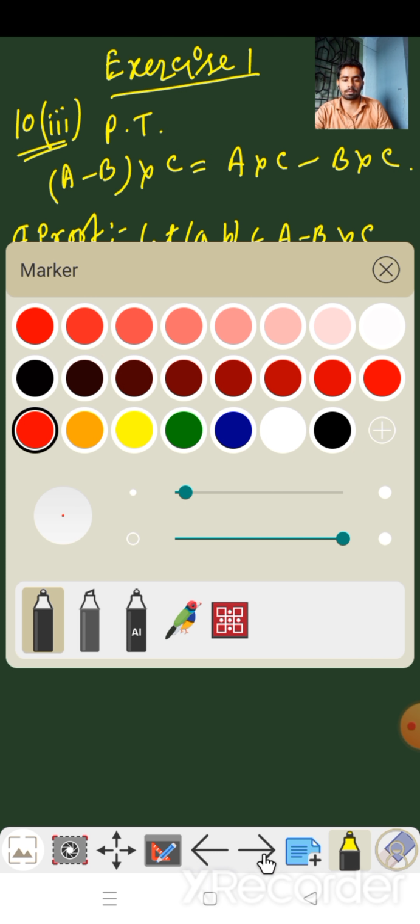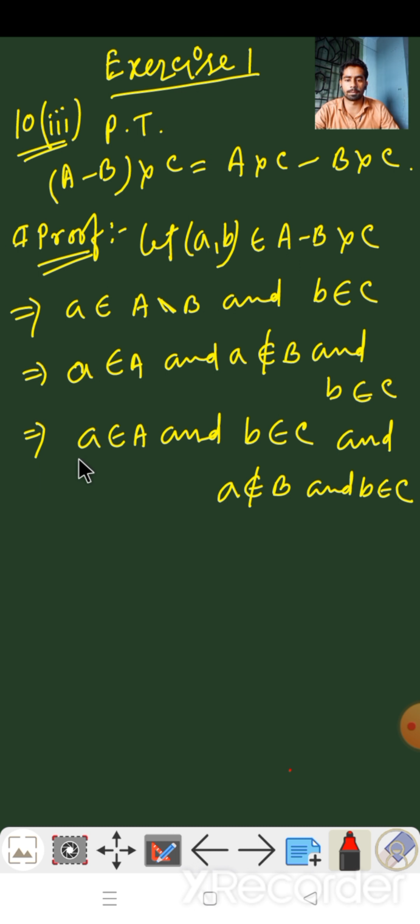Here are the two portions: this is the first portion and this is the second portion.